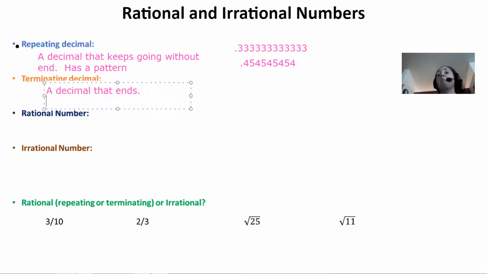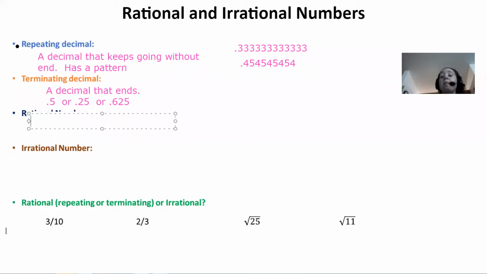So that would be like 0.5 or 0.25 or 0.625, any of those. It's a decimal that ends. The reason that we're talking about this is because that helps us tell the difference between a rational number and an irrational number. A rational number, you got to think rational, fractional. So a rational number can be made into a fraction.